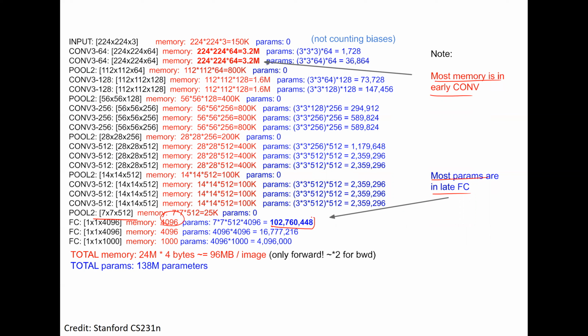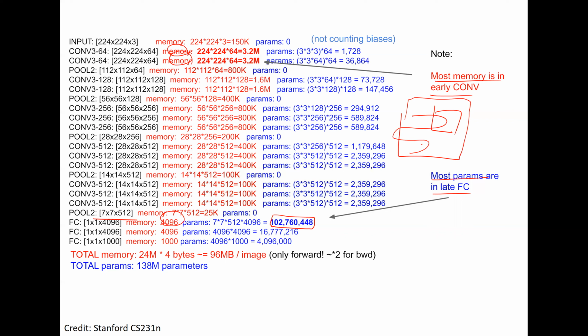We need to use quite a large number of parameters for a fully connected layer. And in the memory view, the first convolution layers need to use a lot of memory because the same convolution filter travels over the big size of the input.